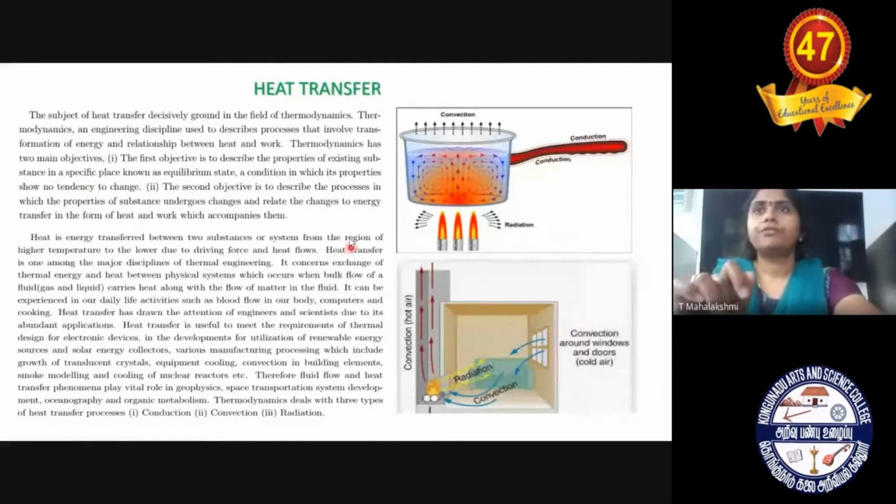So first we will move with simple examples of the three modes of heat transfer. The first mode is conduction, the second mode is convection, and the third mode is radiation. In this figure, we can see we are heating the enclosure.